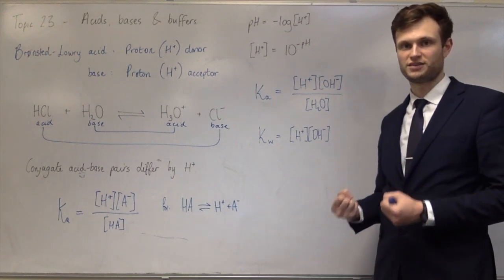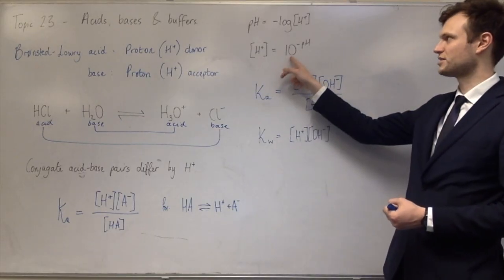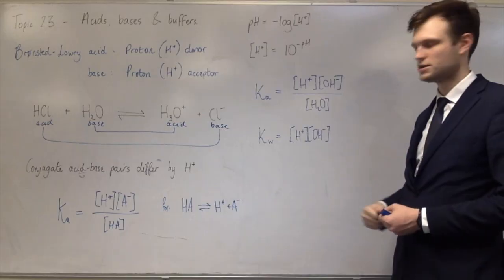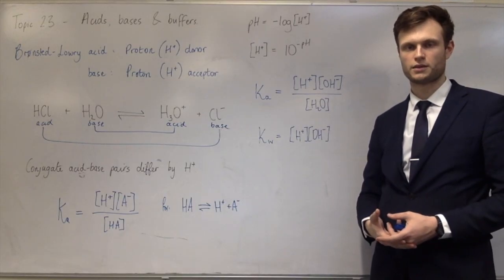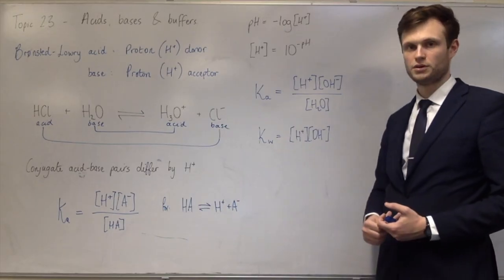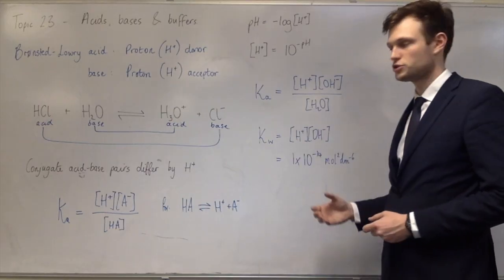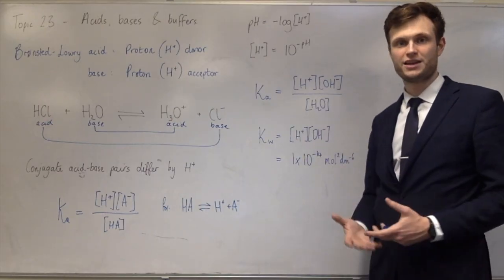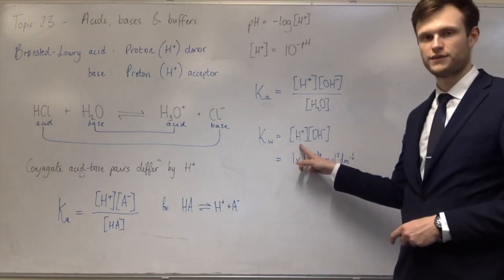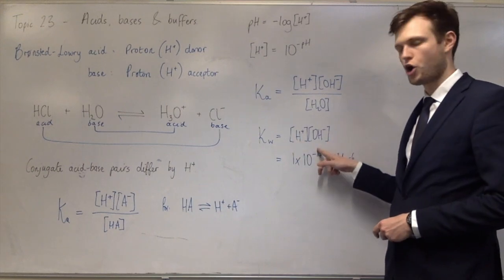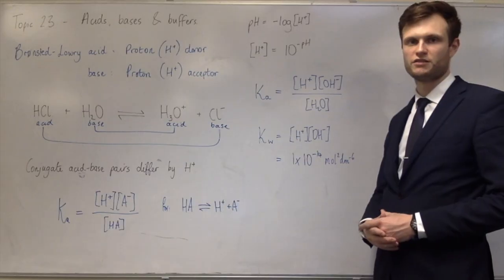And the pH of water is 7. That means that the H plus concentration must be 10 to the power of minus 7. And OH minus must also be 10 to the power of minus 7. And that means that Kw must be 10 to the power of minus 14. And we can use this not just for pure water, but for any aqueous solutions. So in any aqueous solution, the product of the H plus concentration and the OH minus concentration must be 1 times 10 to the power of minus 14.